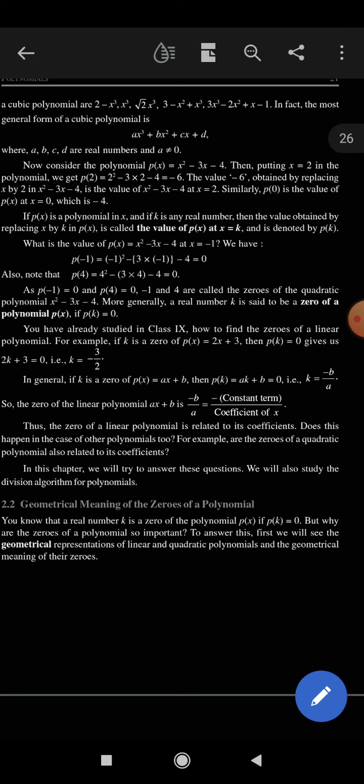More generally, a real number k is said to be a zero of a polynomial p(x) if p(k) = 0. You have already studied in class 9 how to find zeros of a linear polynomial. For example, if k is a zero of p(x) = 2x + 3, then p(k) = 0 gives 2k + 3 = 0, so k = −3/2.